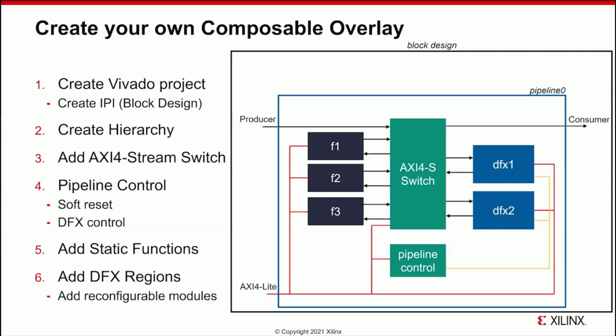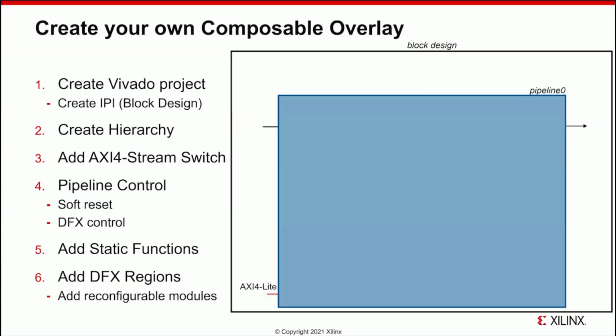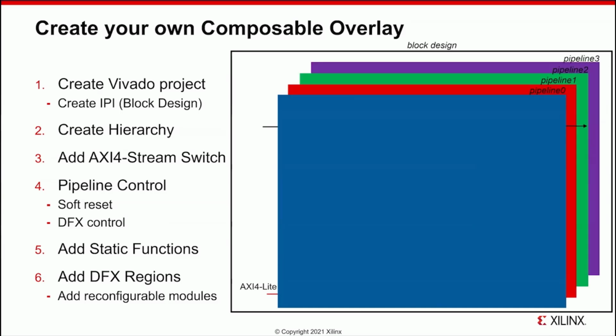As a reminder, the Composable Overlay API builds on top of the default hierarchy. This means that you can create multiple concurrent composable pipelines by just repeating the process from step 2. This is the second reason why we inherit from the default hierarchy. As you can see, this gave us very good scalability in terms of composable pipelines.